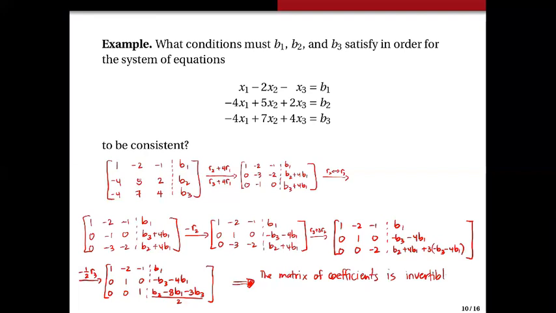And this means that whatever B1, B2, and B3 are, this is always consistent. So the system is always consistent, whatever B1, B2, and B3 are. So for any B1, B2, and B3.